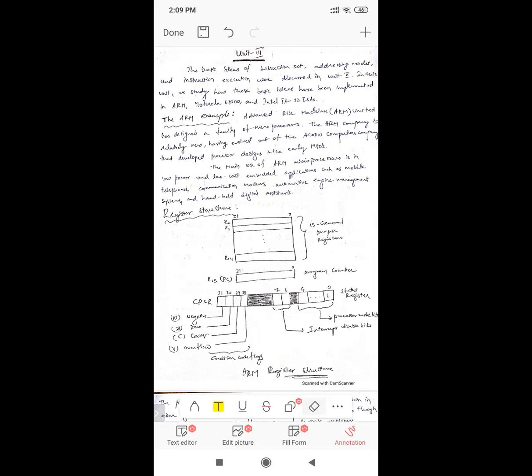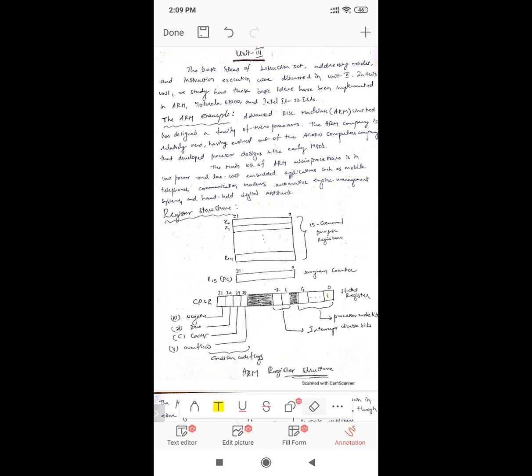In this unit, we have studied how these basic ideas are implemented in these three processors: ARM, Motorola, and Intel IA processor. In our syllabus, only the ARM processor is there. Motorola and Intel processors are not there.